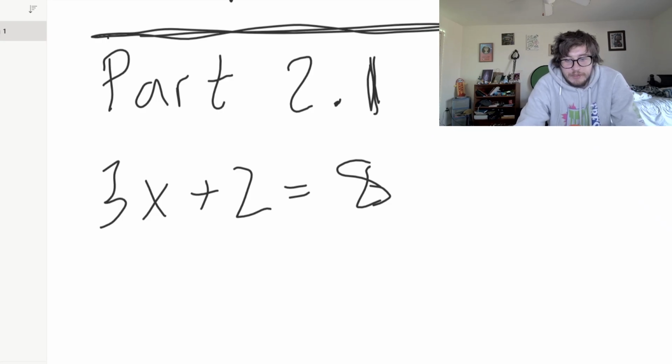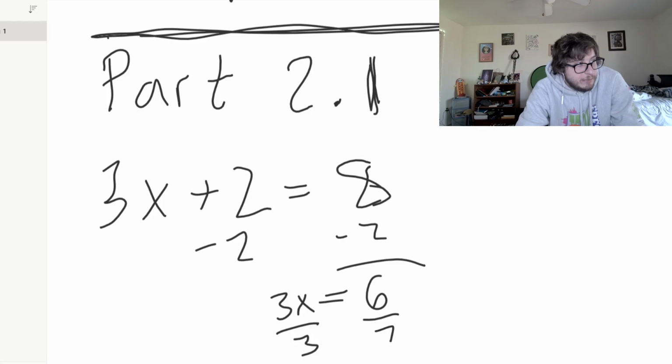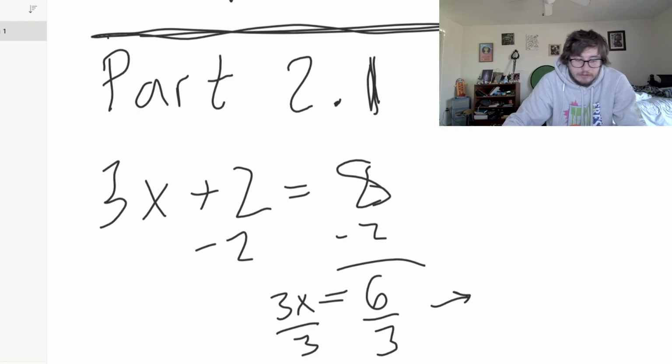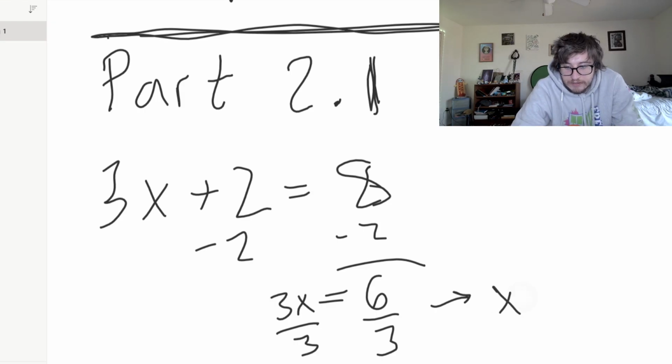So 3x plus 2 equals 8, and then 8, if you go minus 2, this is 6, equals 3x. Divide that by 3, divide that by 3, you get x equals 2.